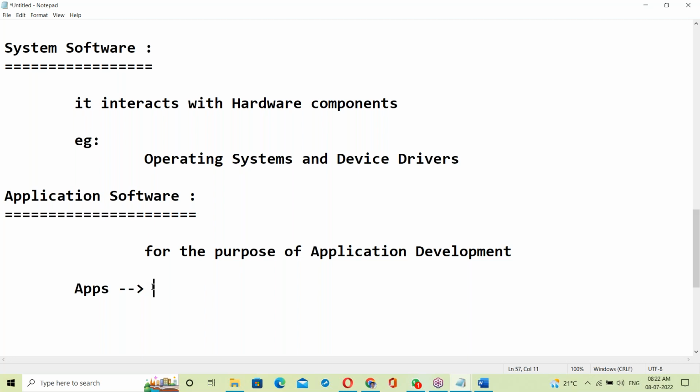WhatsApp, yes. You can chat, you can ping in the chat box.